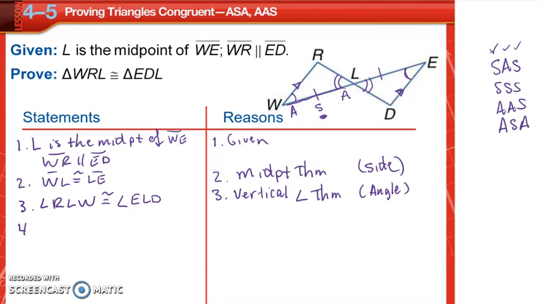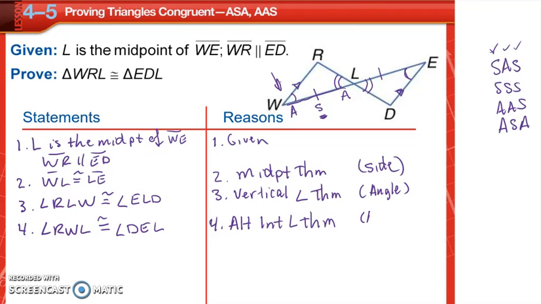So then number 4 is we need the other angle. We've got our angle, we've got our side, now we need the other angle. So this has to do with the alternate interior angle ones. So this would be the angle RWL is congruent to angle DEL by the alternate interior angle theorem.